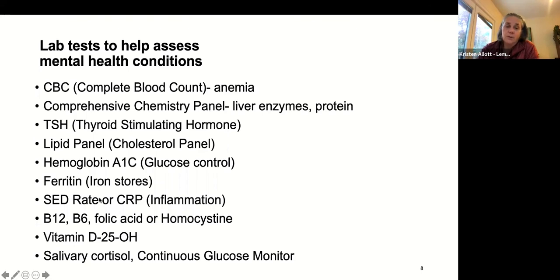Generally, you want CRP to be low. Like I like the SED rate or CRP to be in the lower third of the spectrum. This will definitely go up with high stress. B vitamins are a function of how much you're eating or if you're taking a multivitamin.